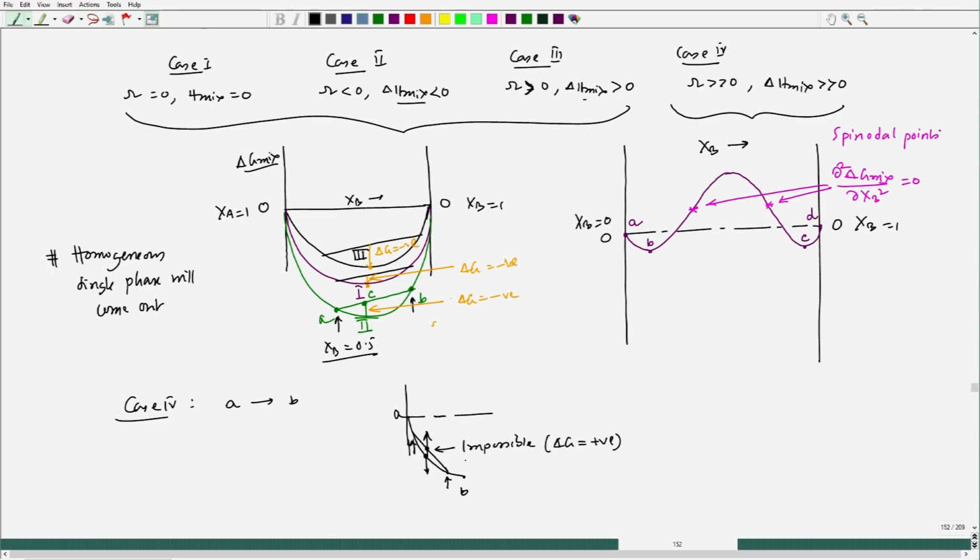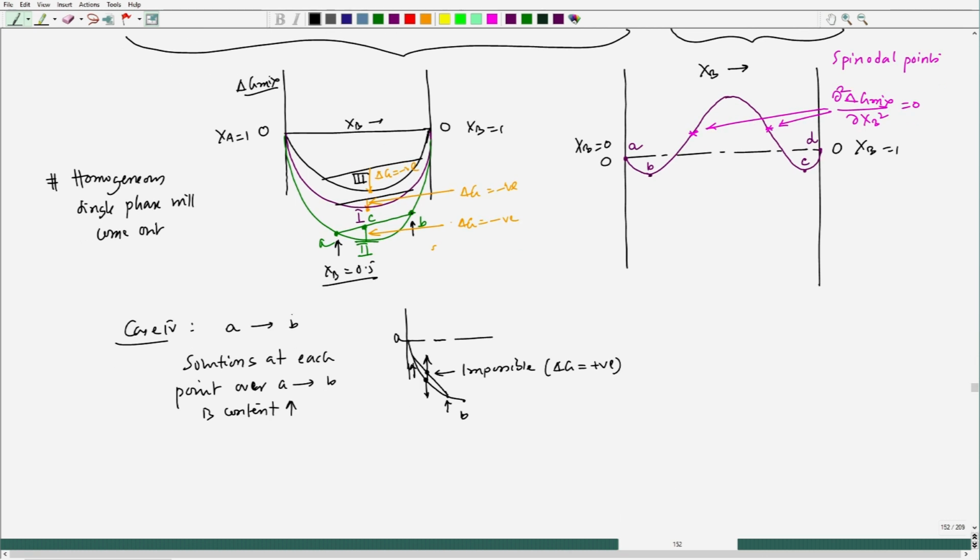So, that means from A to B, as I go from pure A and mix in B, we see that the solutions at each point over A when it goes towards B. Remember, I do not know where this B is, we will come to that B point later, but at least along that line, I see that the B content is increasing, and all those points till it reaches B, we can have a situation where those are all unsaturated solutions, and all of them will be stable.